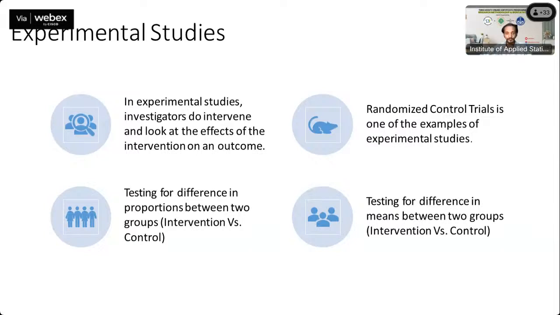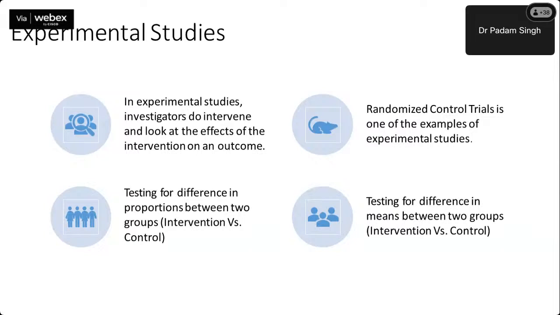So today we are discussing sample size estimation for experimental studies. First let us understand what we mean by experimental studies. In experimental studies, the researcher or the investigators do intervene and look at the effect of the intervention on the outcome.